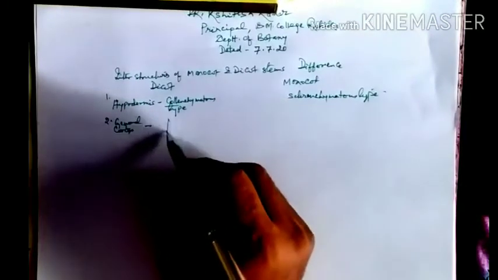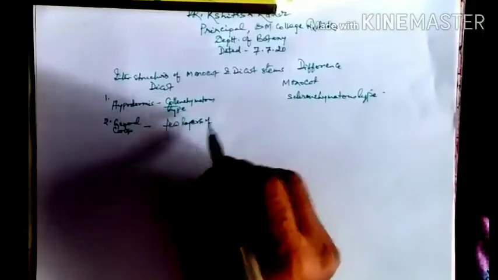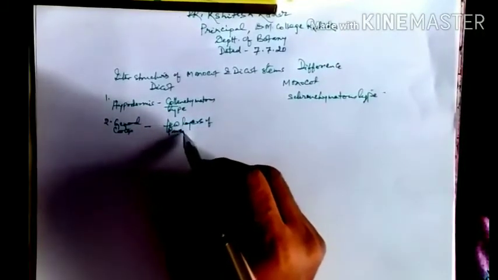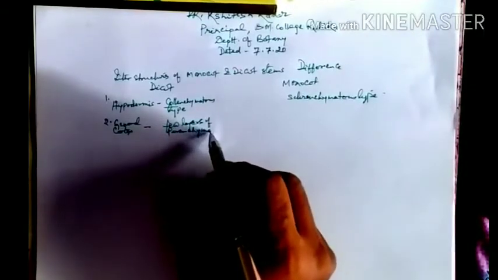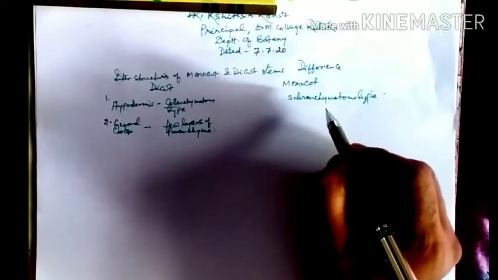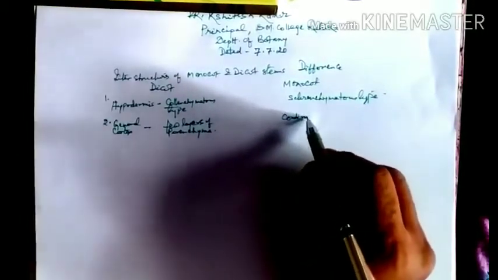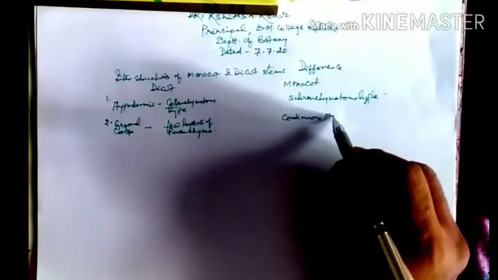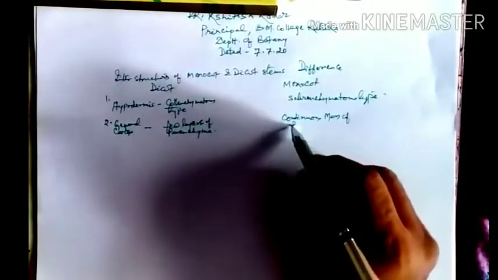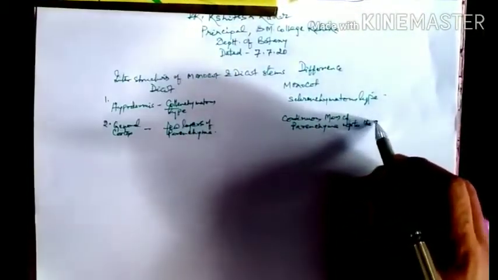Here in the monocot, it is the continuous mass of parenchyma up to the center.